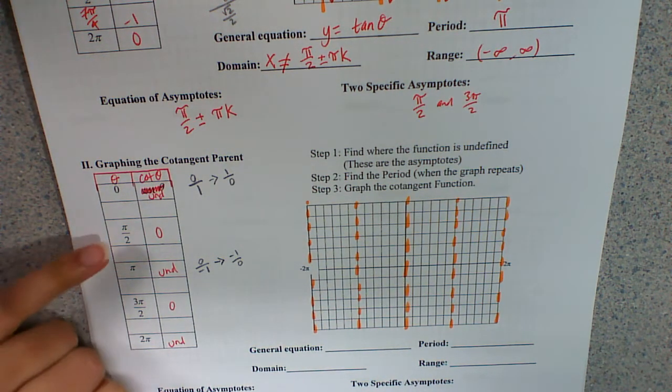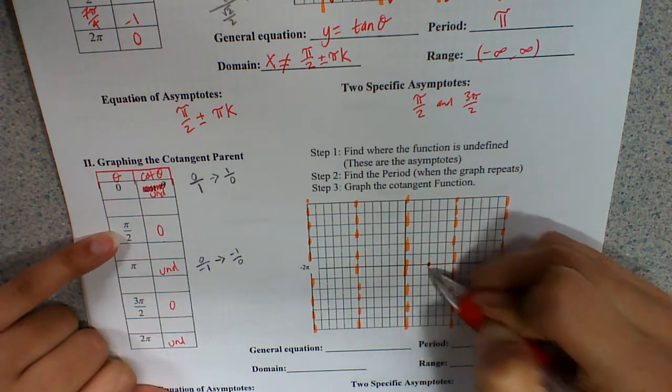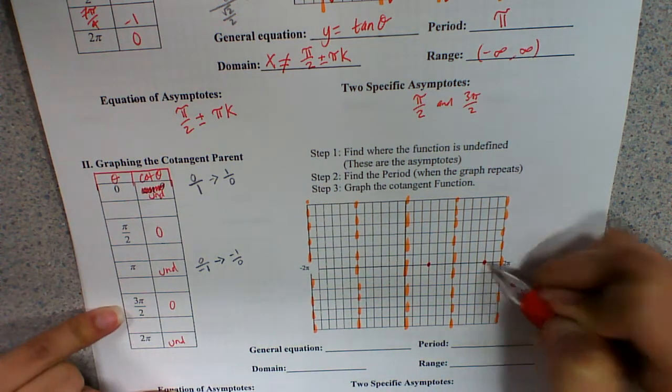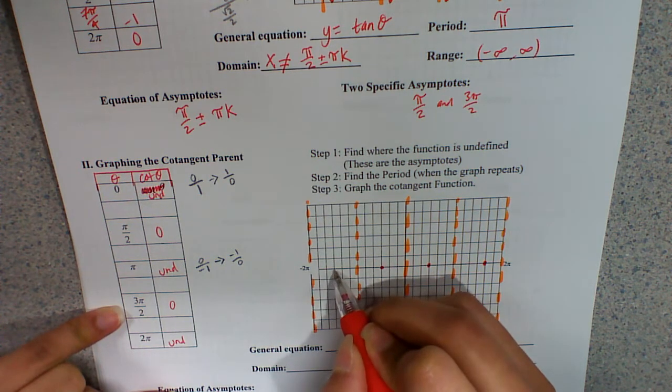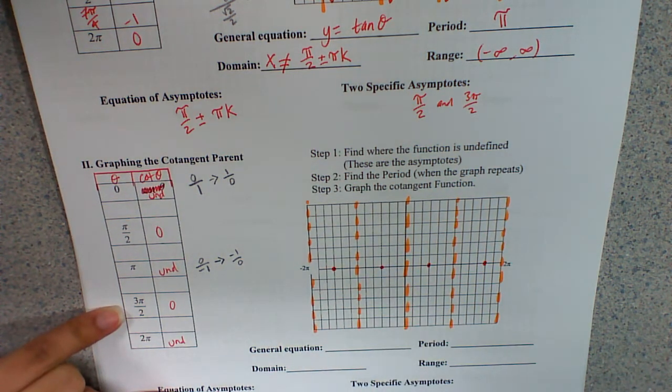Okay, I already know some of my points. At pi over 2, I have a point at 0. At 3 pi over 2, I have a point at 0. Same thing for the negatives. At negative pi over 2, I have 0. And at negative 3 pi over 2, also 0.